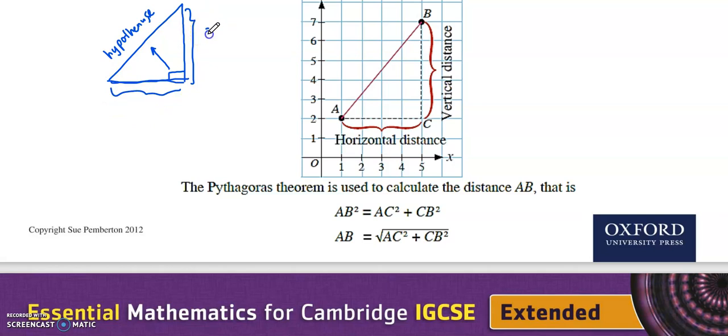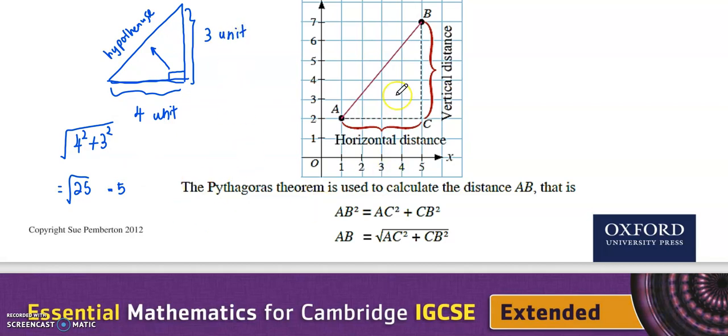Let's say the height is 3 and the base is 4. So the hypotenuse you can calculate by using Pythagoras theorem: 4 square plus 3 square, and then you square root, you get square root of 25, so you get 5 unit lah. That one kalau dah bagi value.